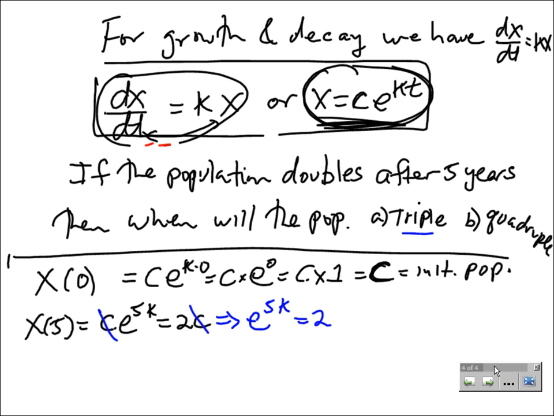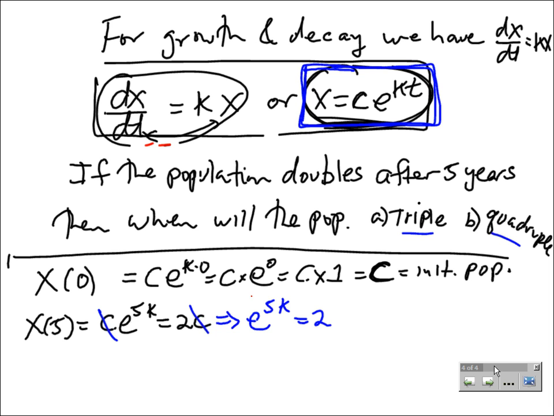Well, to know when it triples and know when it quadruples, it doesn't matter which c is, because it's going to triple the same day, going to quadruple at the same time, after the same length of time. I just don't want k.